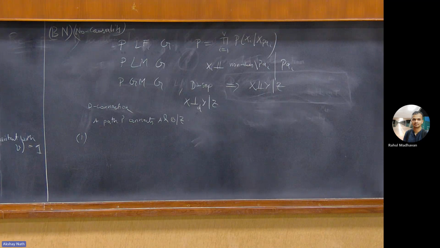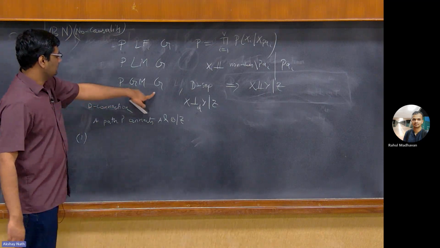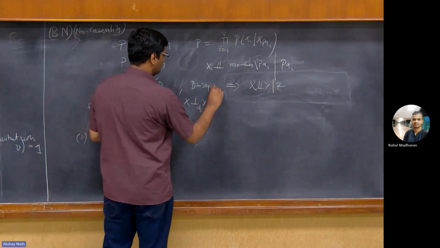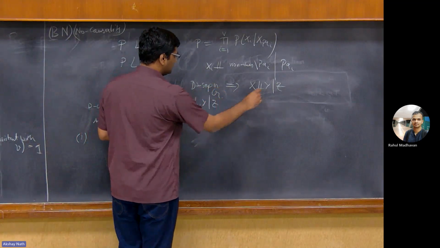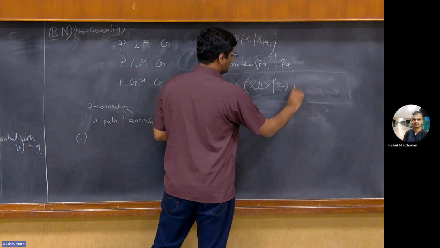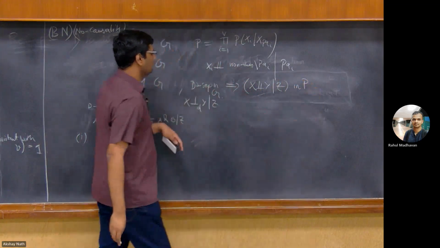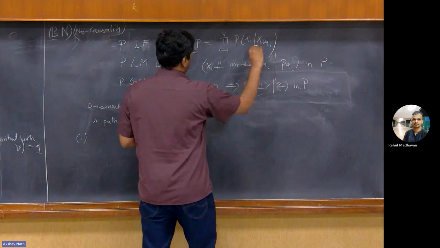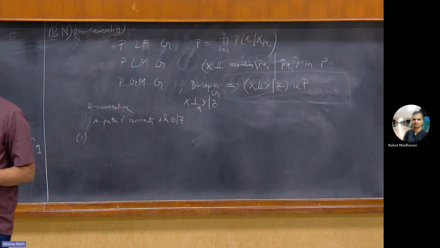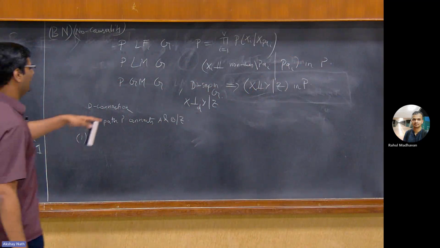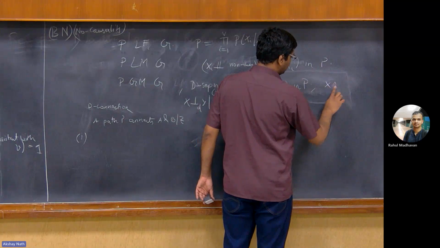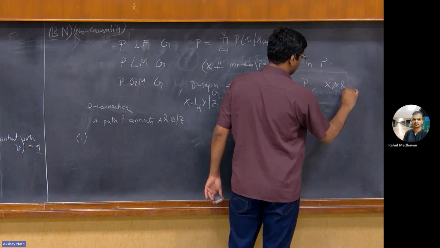P is globally Markov with respect to G. Yes, if any D-separation statement in G implies a probabilistic conditional independence. This is all in the distribution. This is the pattern. So for all sets X, Y, Z that are disjoint.